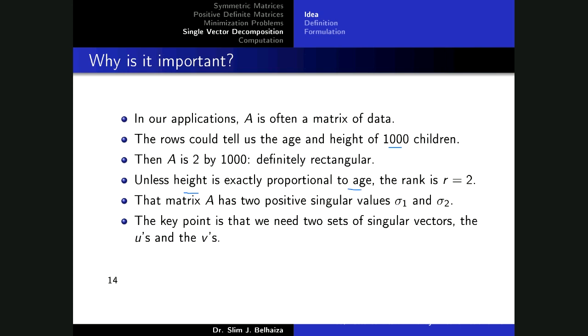So that matrix has 2 positive singular values, which we look for. The key point is that we need 2 sets of singular vectors, the u's and v's, that are orthogonal, to complete our factorization.